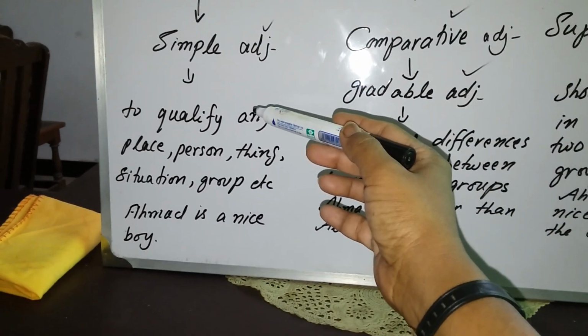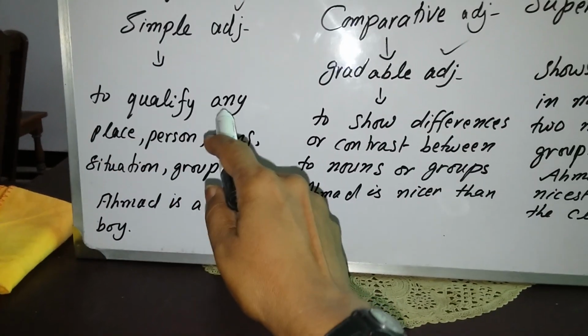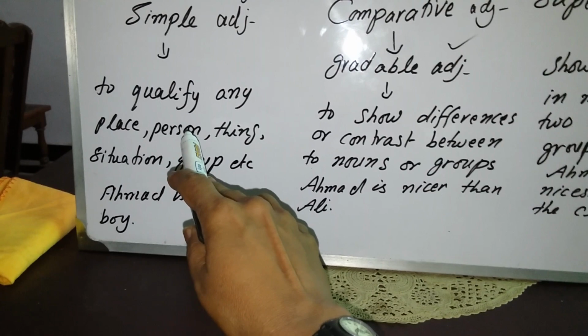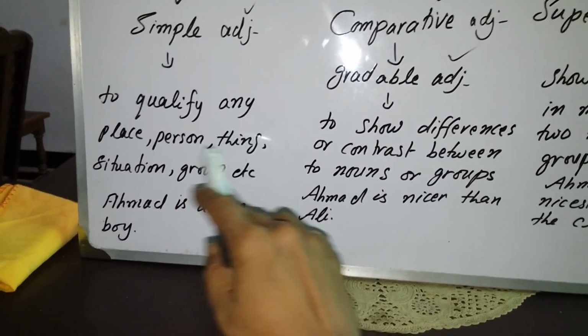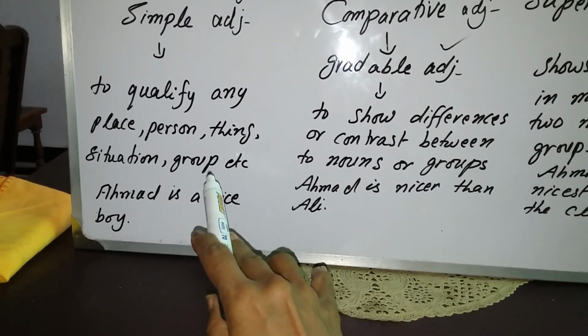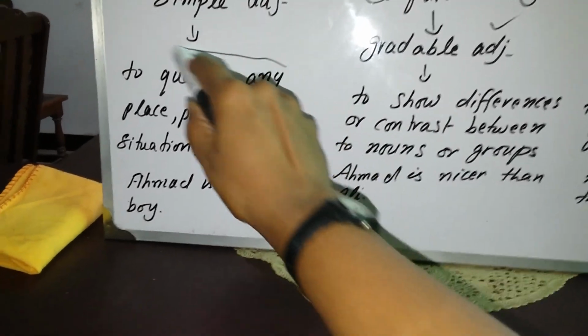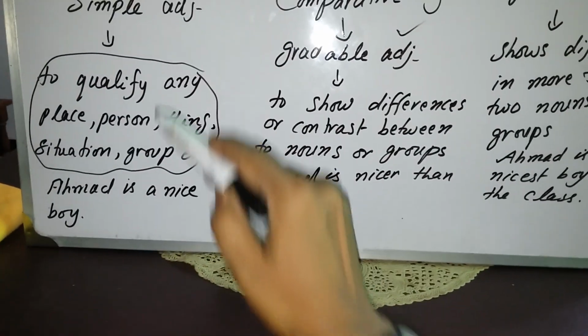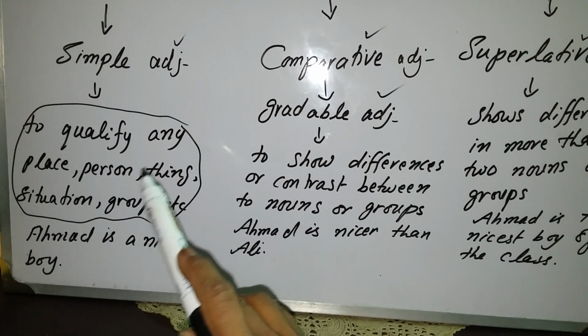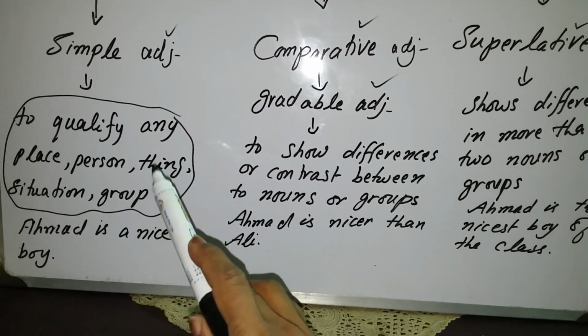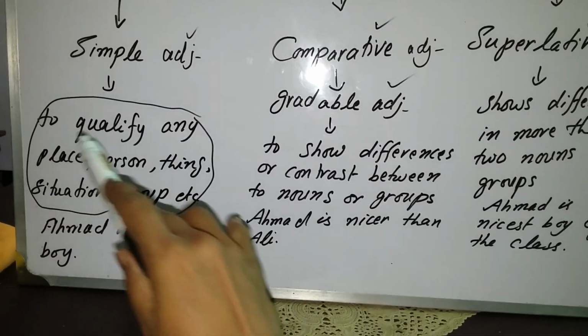When we use a simple adjective to qualify any place, person, thing, situation, group, etc. Whenever we qualify any one of these things, these are the nouns, so we will use a simple adjective.